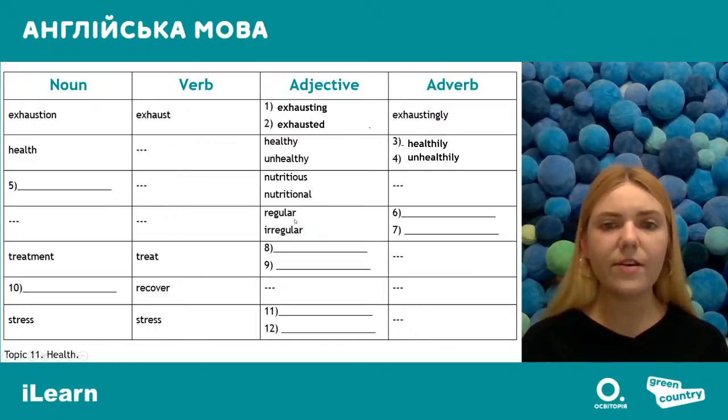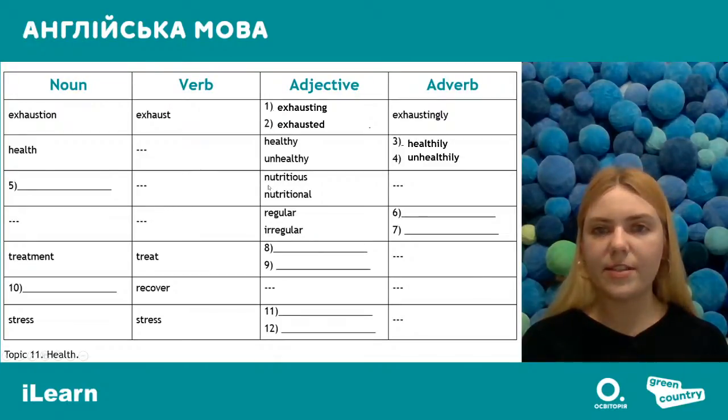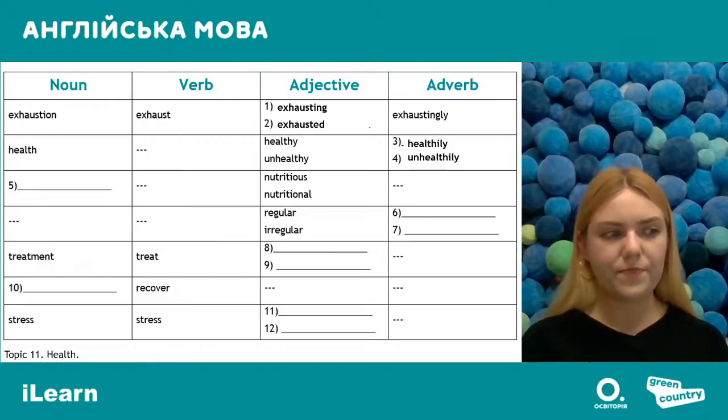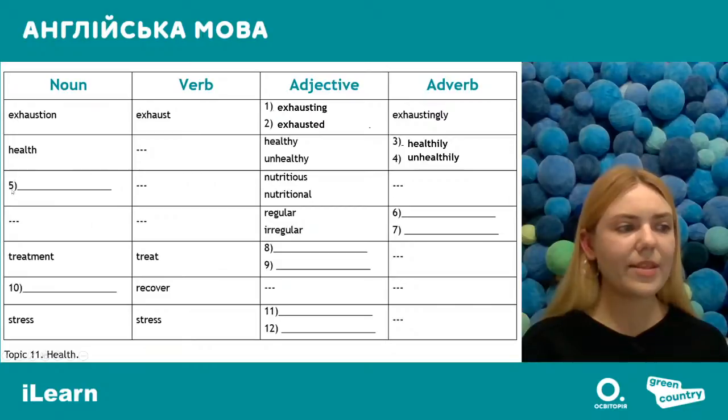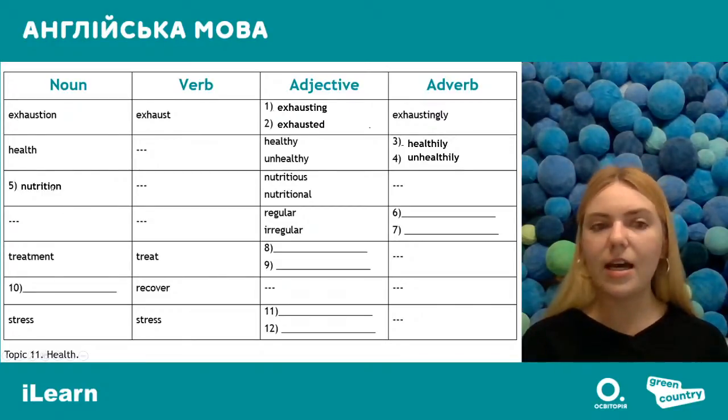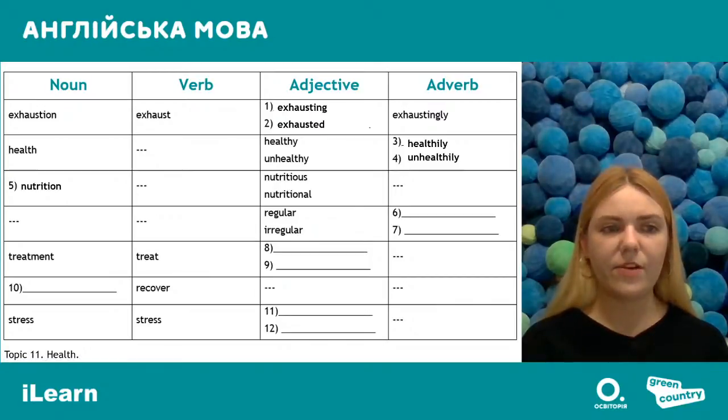So number 5, it will be like this word line here. And we have adjectives nutritious and nutritional. So it means ситний, поживний. And what will be the noun? And the noun is nutrition, right? It means харчування. Ваша дієта в значенні харчування.